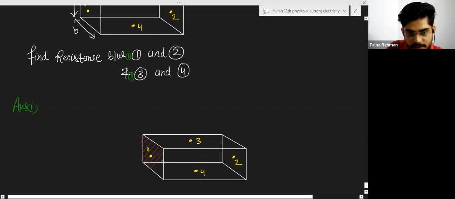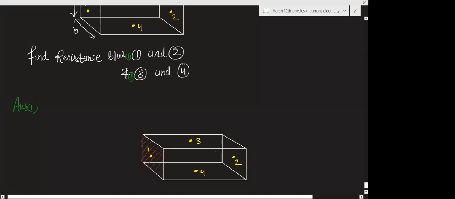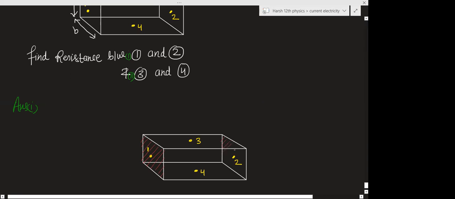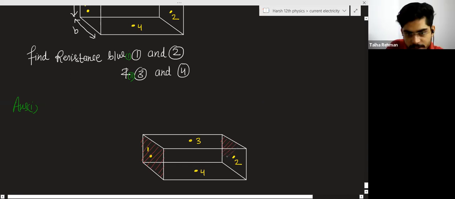This is one face, and here is another face. We have the formula of resistance R is equal to rho and length divided by area of cross section. So area of cross section, you will take this cross section area.